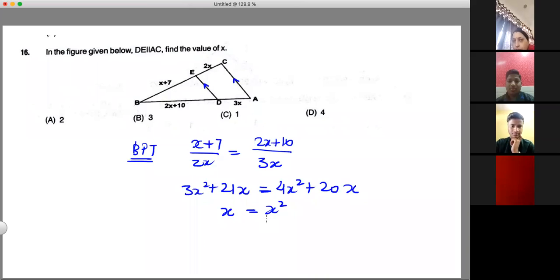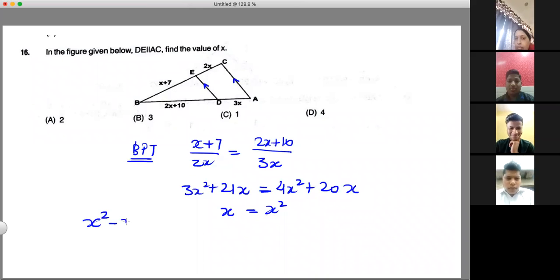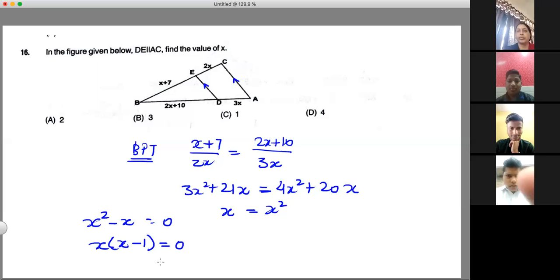So x is equal to x square, or x square minus x is equal to 0. So we have x is equal to 0 and 1. Now sides cannot be 0 because some lengths are just x.